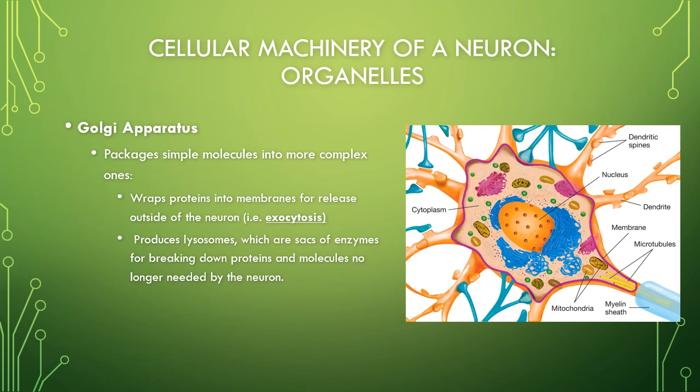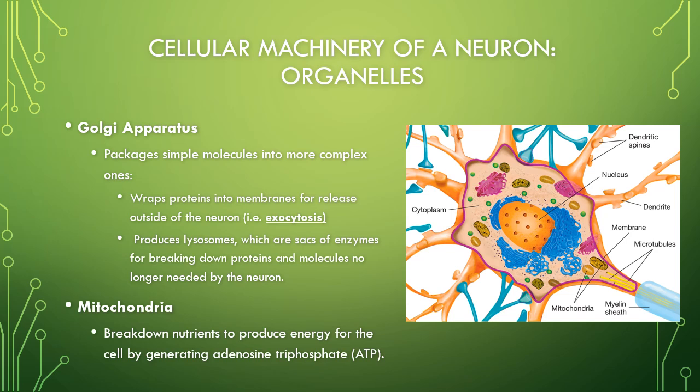So we might have proteins that get wrapped into some sort of a lipid membrane so that they can be released outside the cell, or you can take specific kinds of enzymes called lysosomes and package them together so that they can be taken down to the axon terminal or other places to help break down proteins or other small molecules that the neuron no longer needs. So the main job of the Golgi apparatus is this packaging of specialized groups of proteins or molecules.